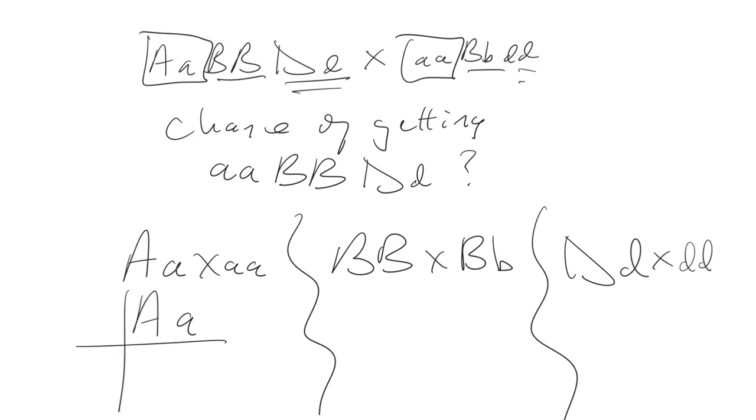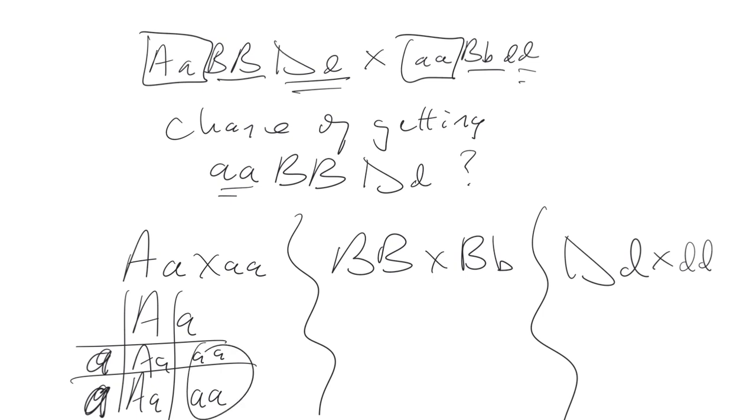A. So you get half and half. So what's the chance of me getting little a from this cross? 1/2. So let's write that. 2 out of 4, 1/2.